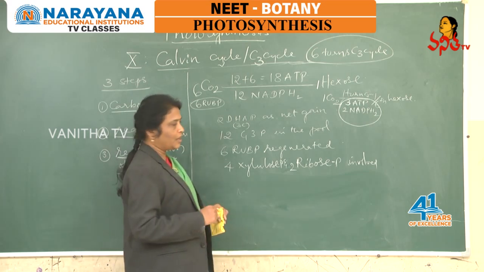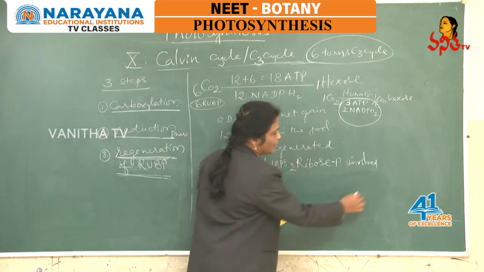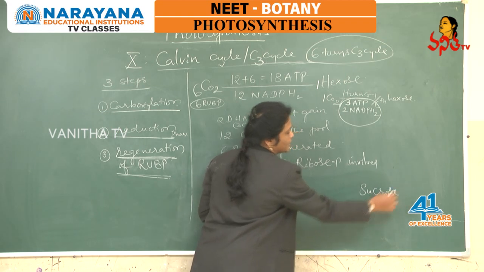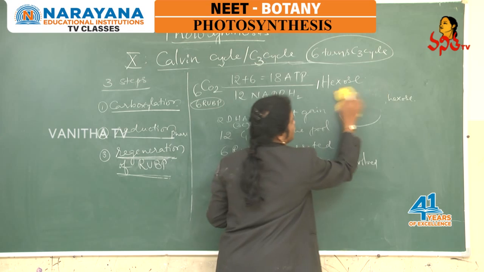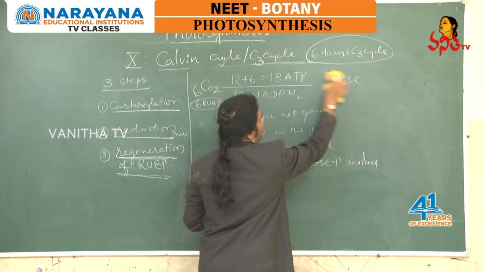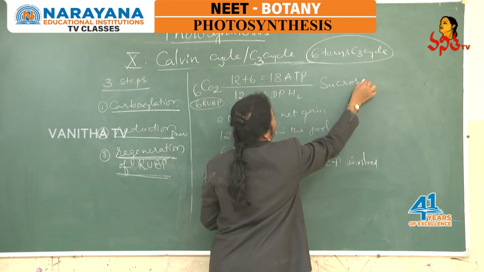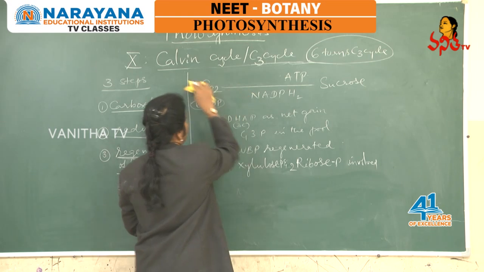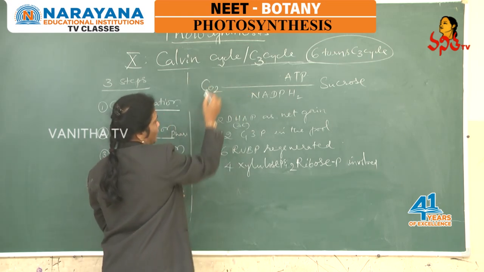Okay. But now let us do one more. Based on this information, let us try: can we calculate the assimilatory power utilized for the synthesis of 1 sucrose molecule? Here I just change it: instead of 1 hexose, if I mention sucrose, can we calculate the number of ATP and NADPH, as well as the number of CO2 fixed and the number of RuBP involved?